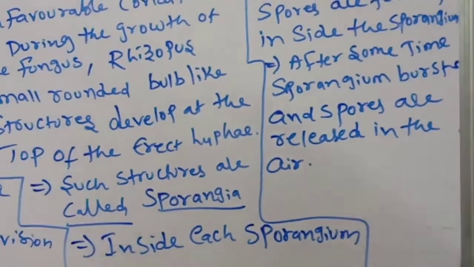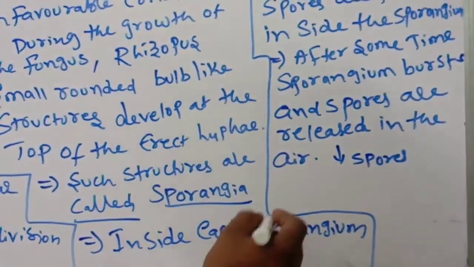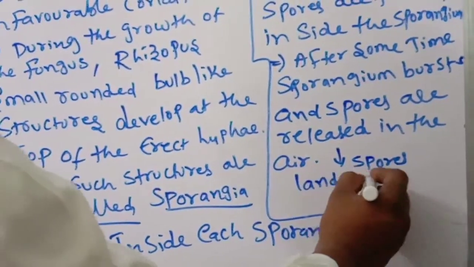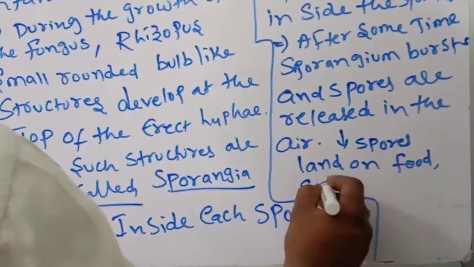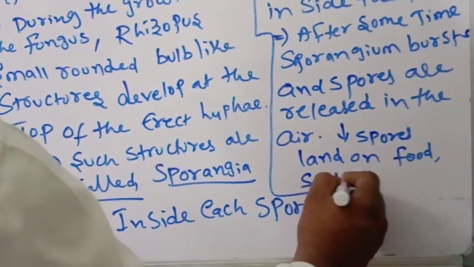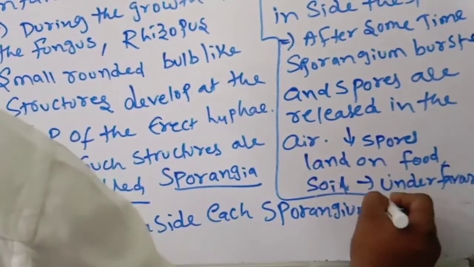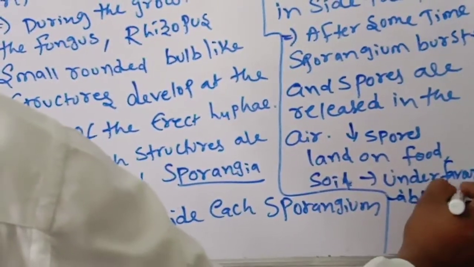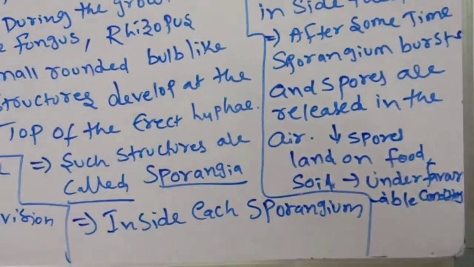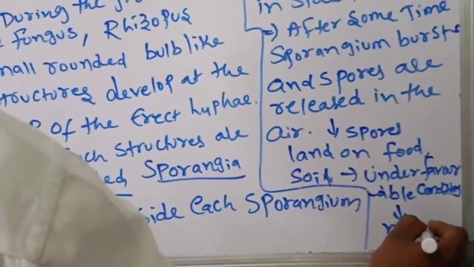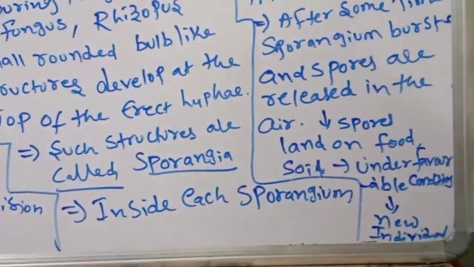When these spores land on food or soil under favorable conditions, they germinate and become a new individual.